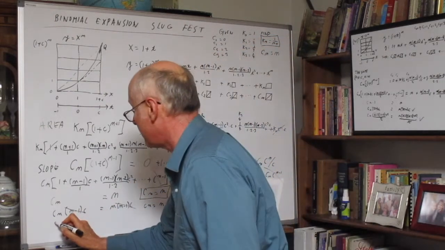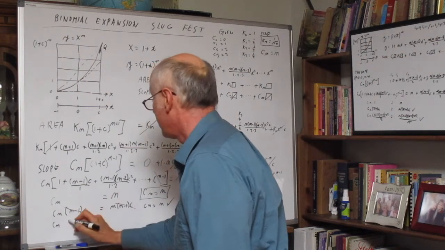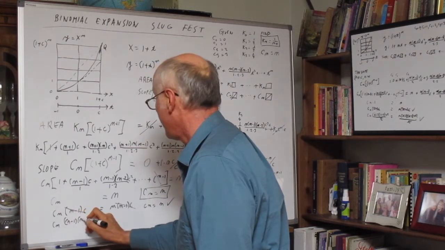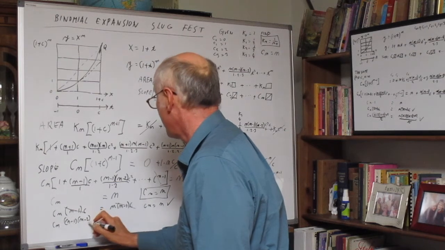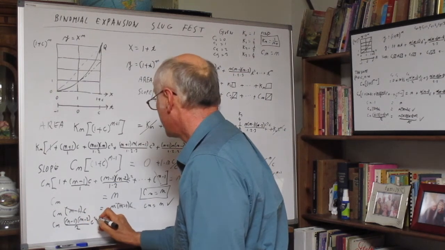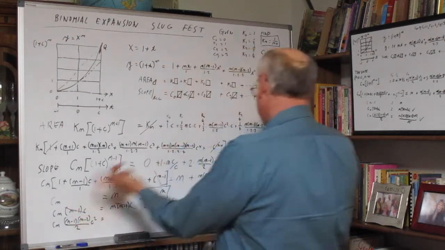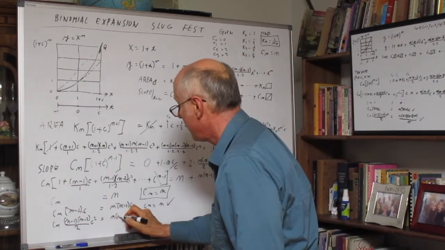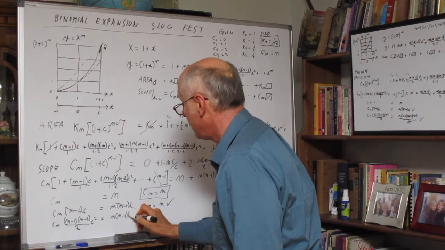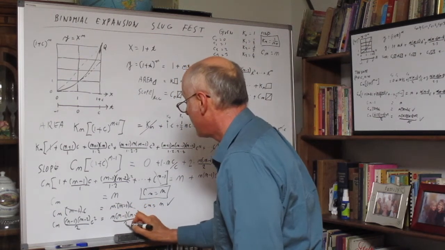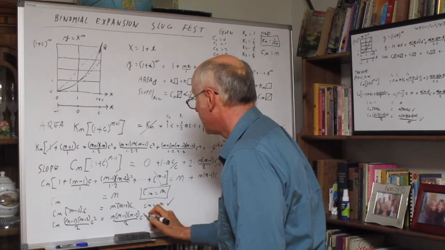Okay, so c sub n, n minus 1, n minus 2 over 2 c squared equals, on this side it's n minus 1, n minus 2 over 2 c squared.